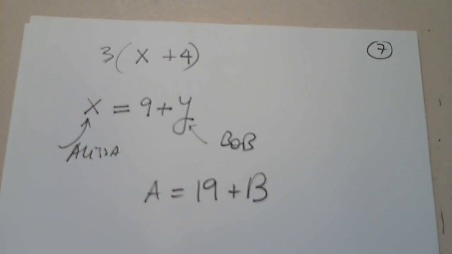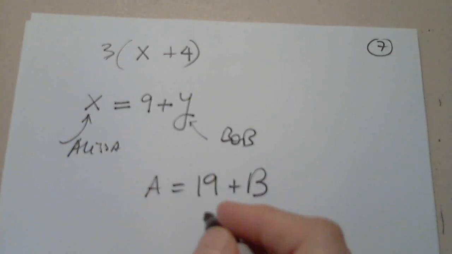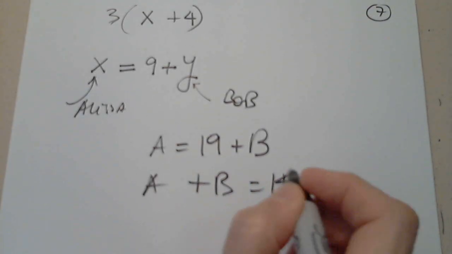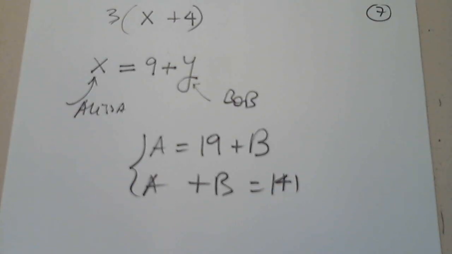Together, the teams scored 141 points. Again, let's read the problem just to make sure. So team A scored 19 more than B. Together, they scored 141. How many points did they score each?